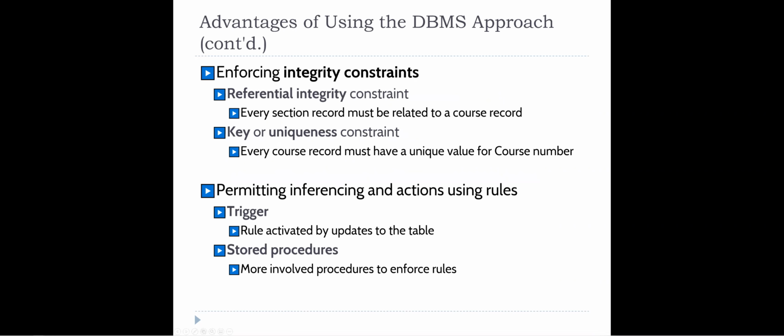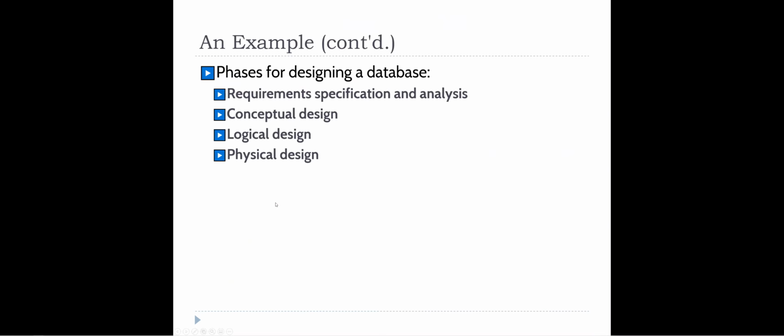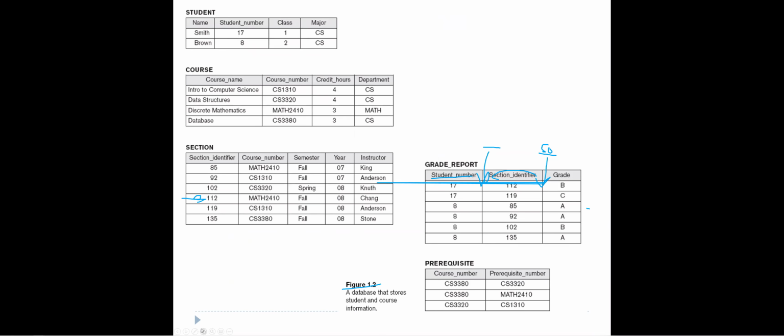Enforcing integrity constraints: you can put constraints. Two constraints are mentioned here. The referential integrity constraint. For example, you can say every section record must be related to a course record. Here is the section. Let's go back to the table. Every section record, get the pen.